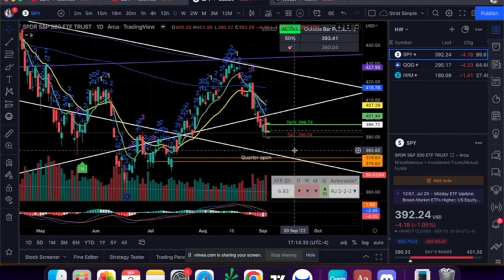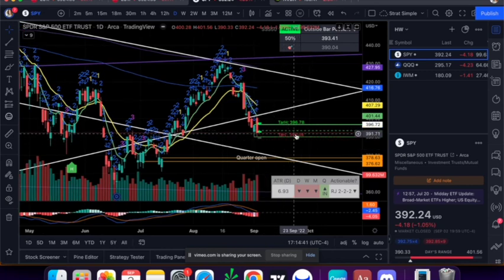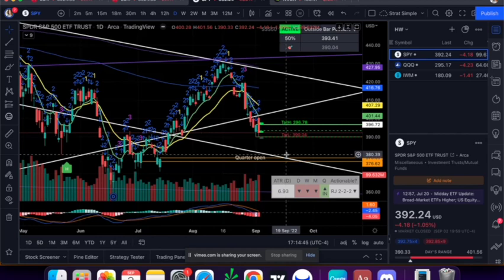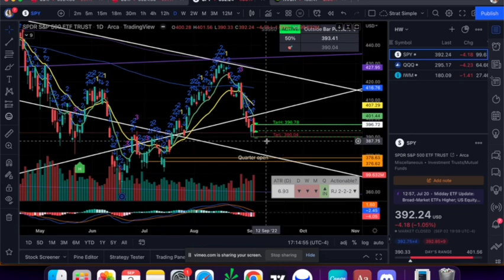So it could certainly bounce at this 380 and reverse. It could find some support there and do something, but understand these are levels I think are important. Also remember that 380 is the bear market level for SPY. We're back in the bear market with QQQ, so I'll talk about that in a second. But that's the bear market level for SPY.